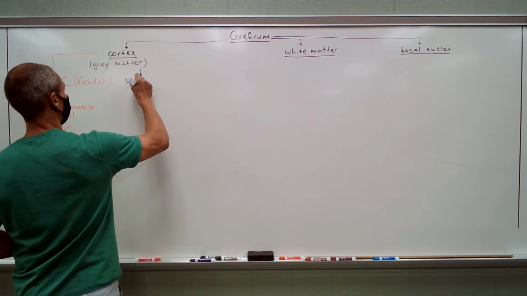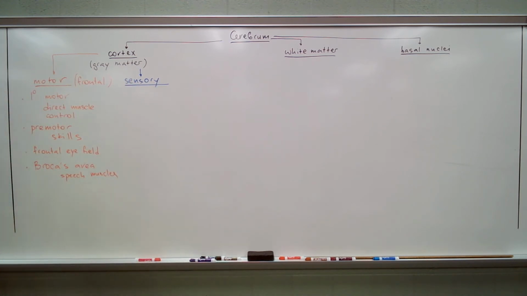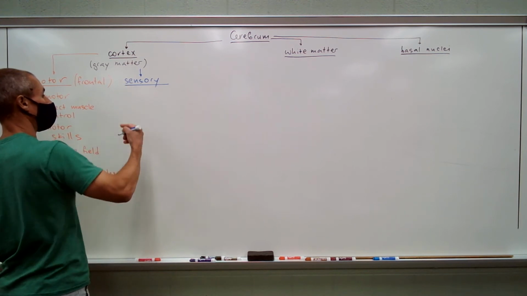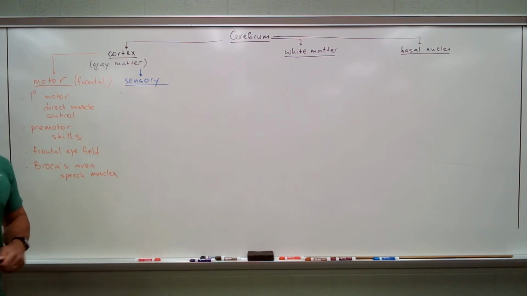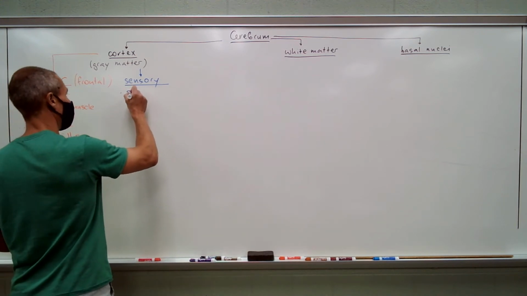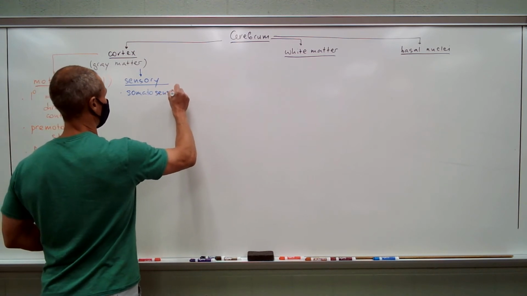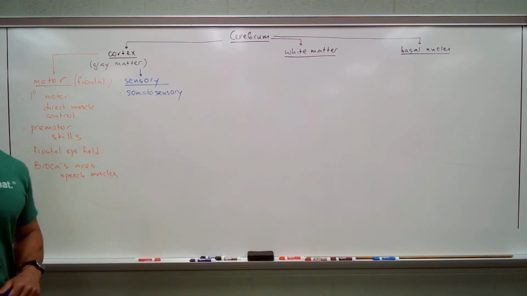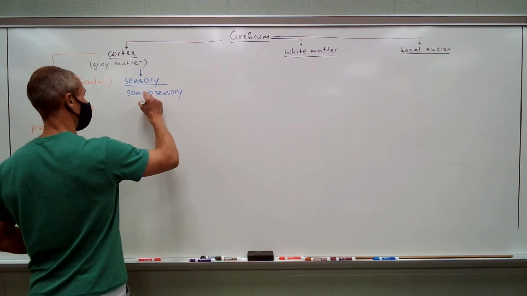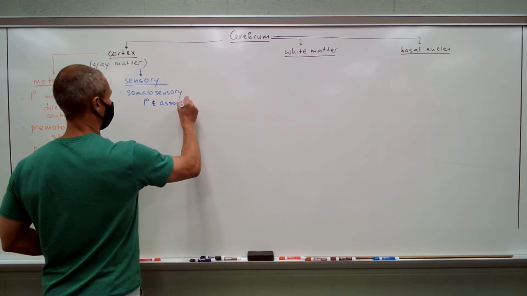sensory cortices. There are going to be 6 of them. 3 high level, 3 low level. So the first high level is somatosensory cortex. And there are 2 somatosensory cortices, primary and association.